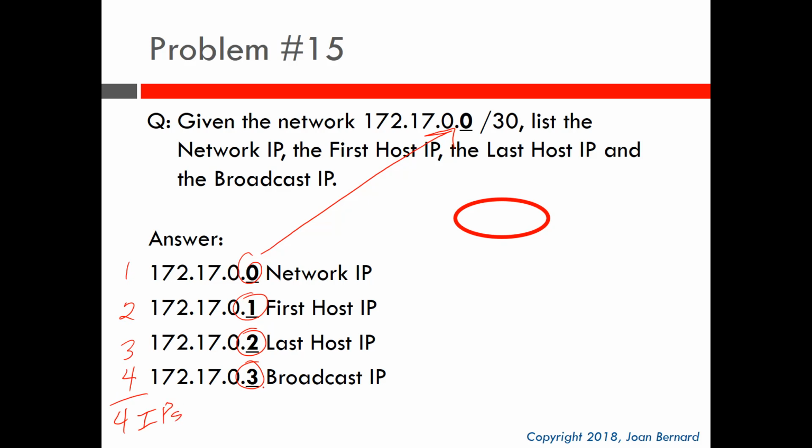So .0 is the network, .3 is the broadcast. Remember, you're not allowed to use the network or the broadcast, so you only have 2 host IPs. In the last video, we talked about how that was a perfect fit for 2 routers. So a connection between 2 routers would be great for a /30 network between those two, that point-to-point network.